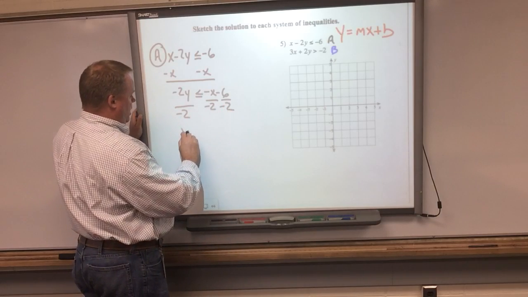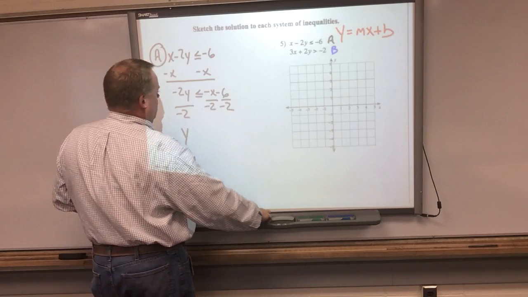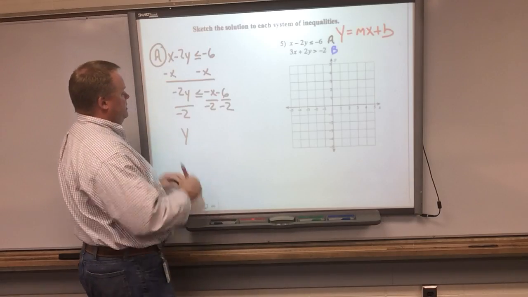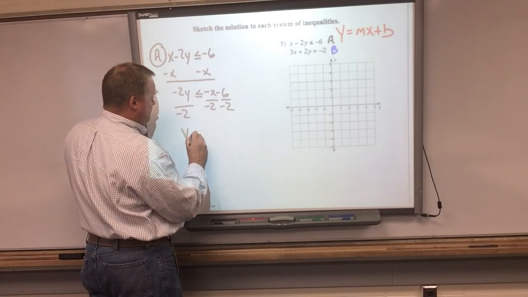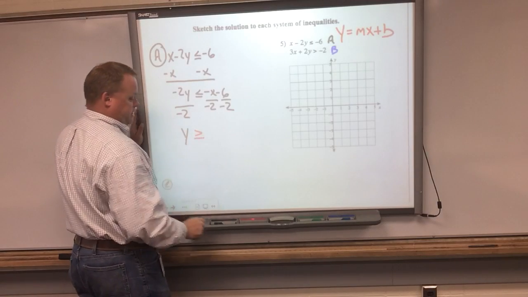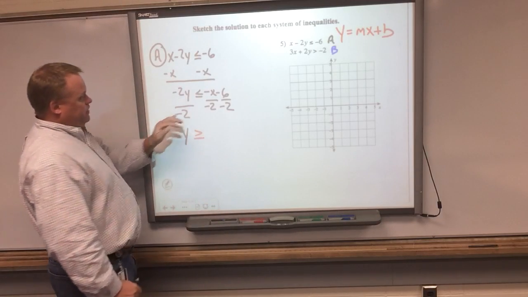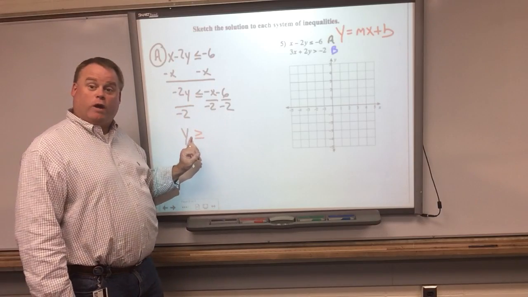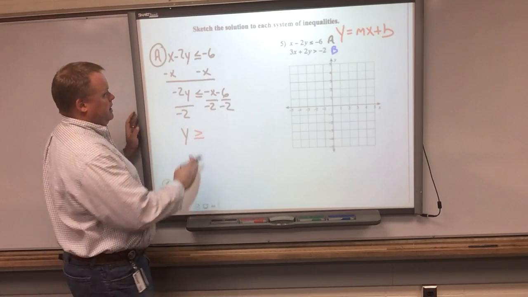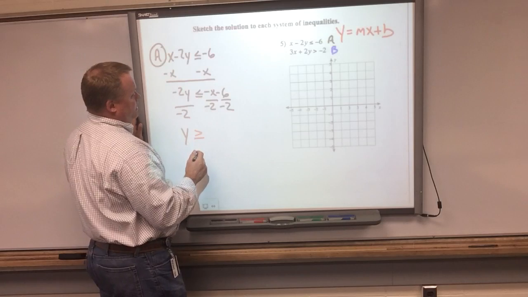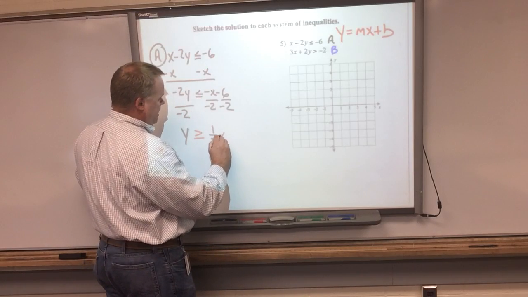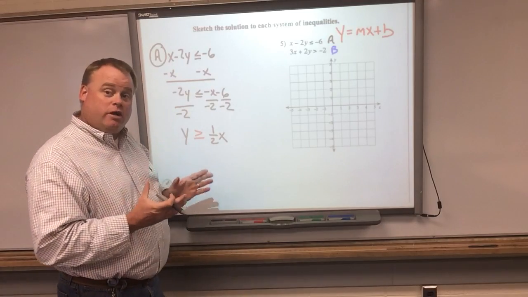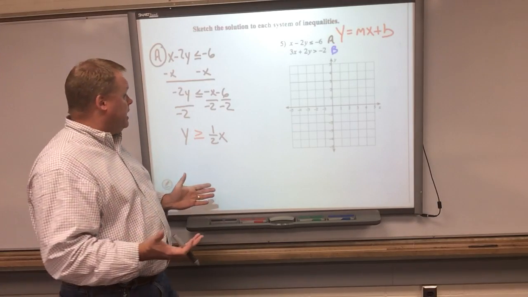So that leaves me y by itself. Remember that if I divide across an inequality by a negative, I have to flip the inequality sign. So I flip the less than or equal to a greater than or equal to. Then negative x over negative 2 becomes a positive 1 over 2x, because remember, there's a 1 in front of the x that we typically just don't write.